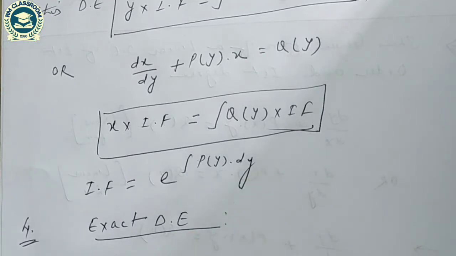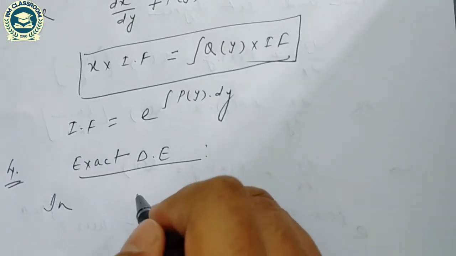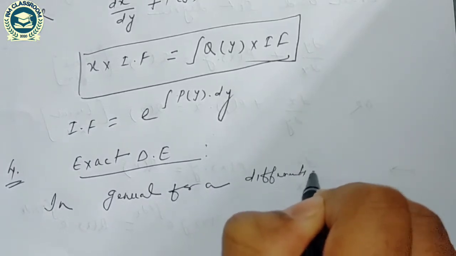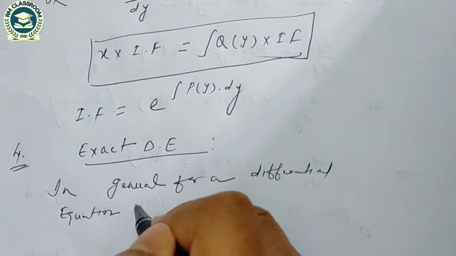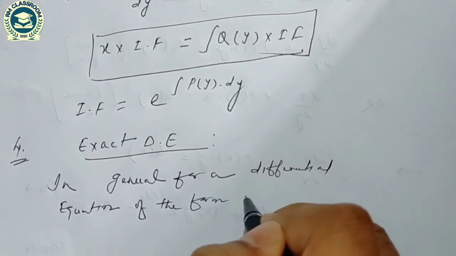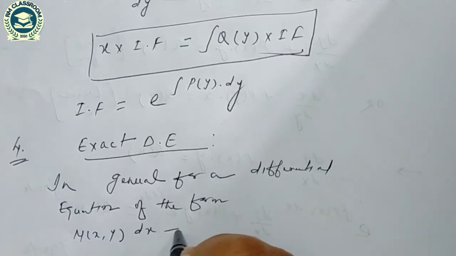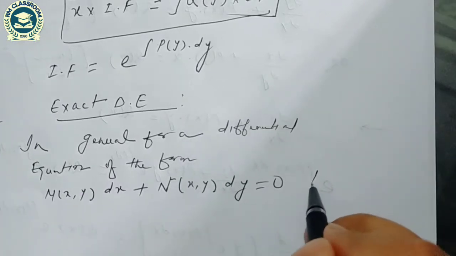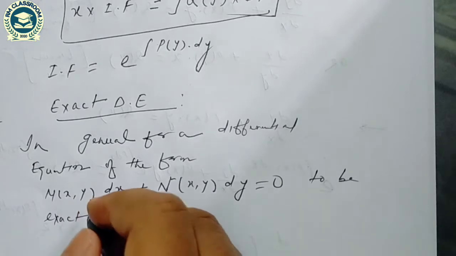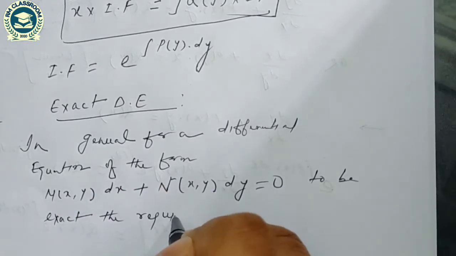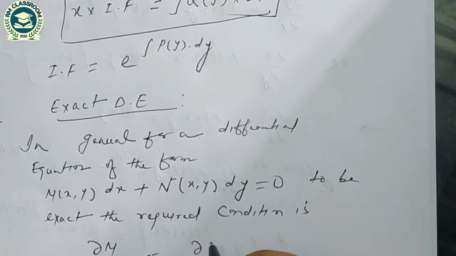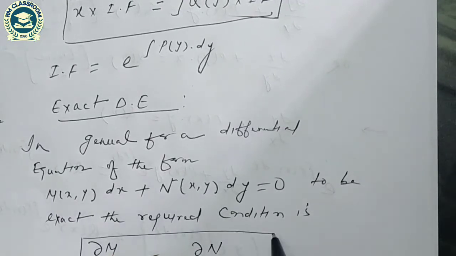In general, for a differential equation of the form M(x,y) dx plus N(x,y) dy is equal to 0 to be exact, the required condition is del M by del y is equal to del N by del x. This condition should be satisfied for an exact differential equation.